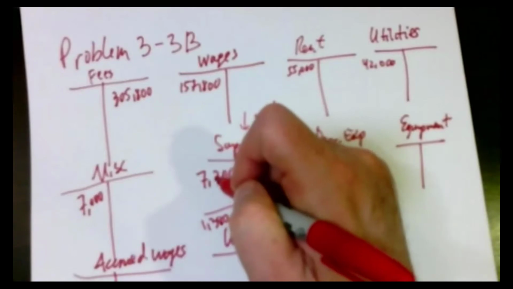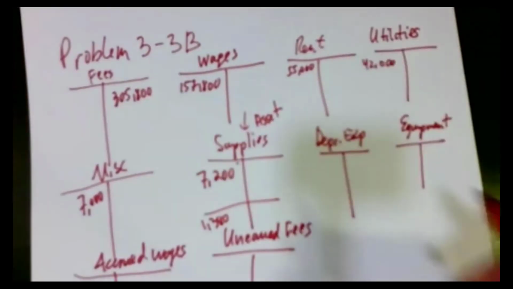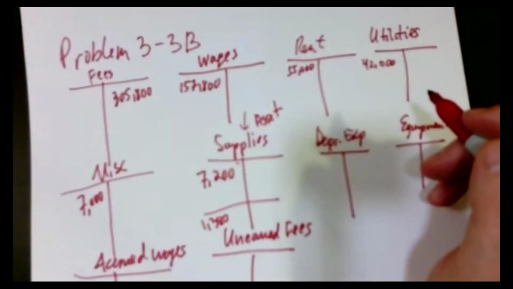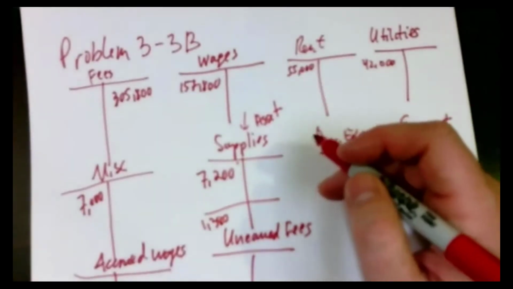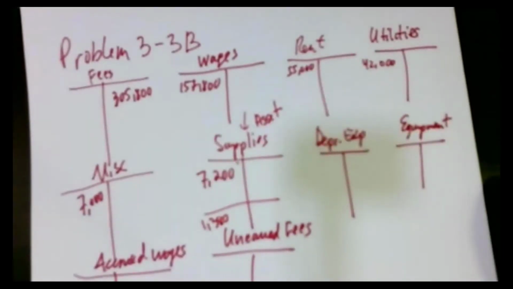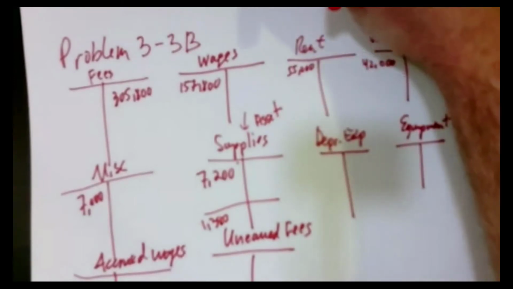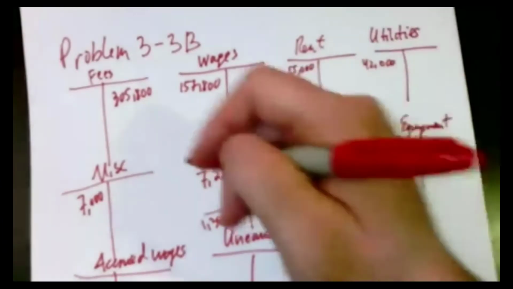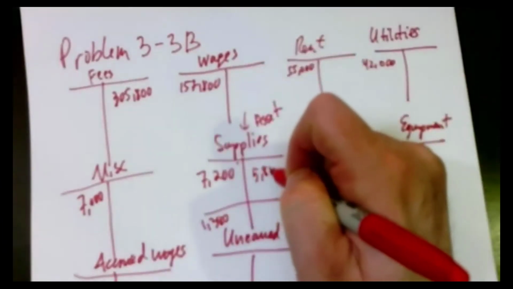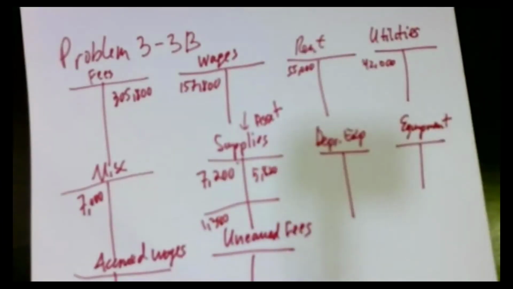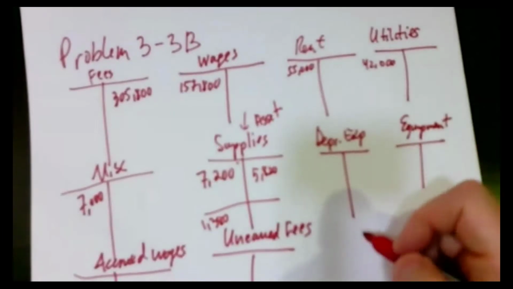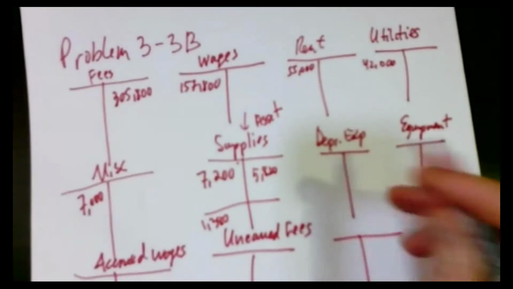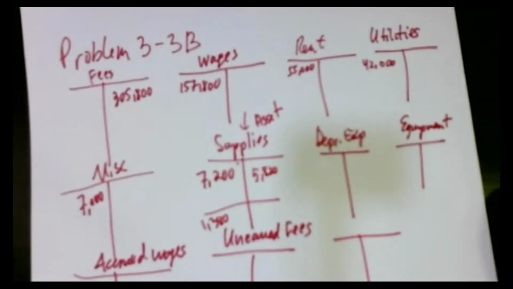So you need to bring it down from 7,200 to 1,380. That's 7,200 minus 1,380, so you need to credit 5,820 to bring the supplies down. You can put it as a separate supplies expense, or you can put it in miscellaneous.